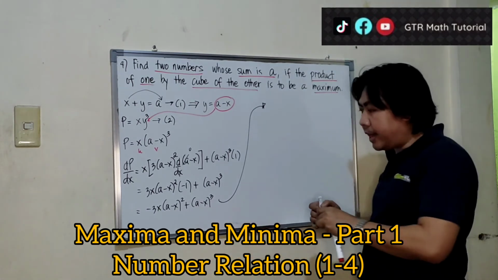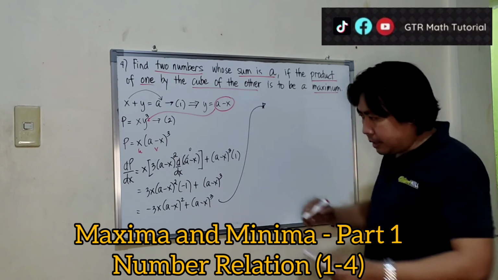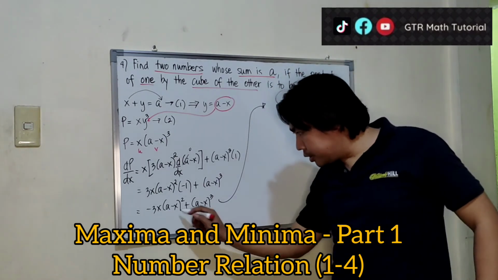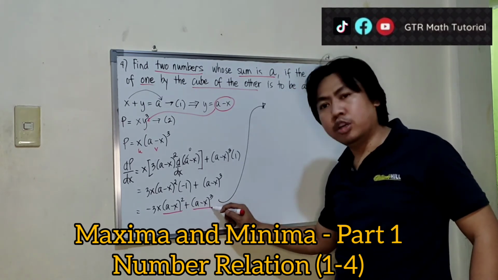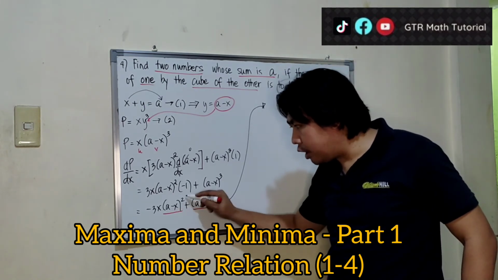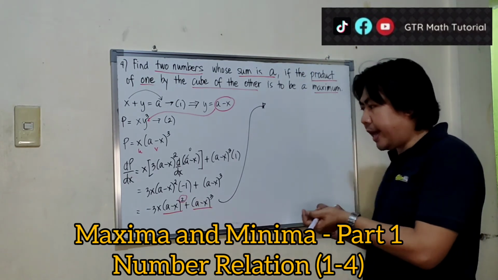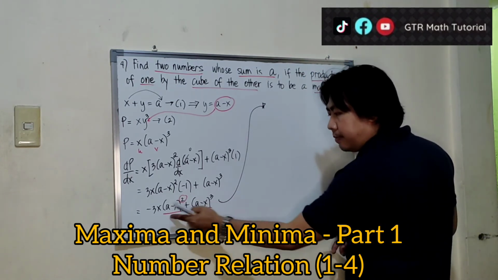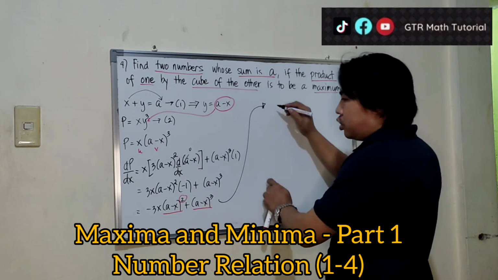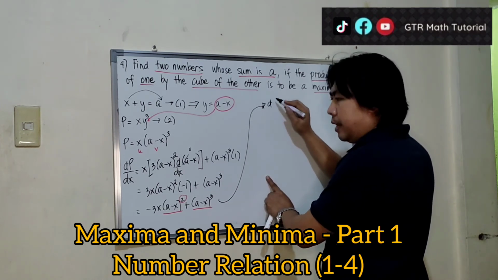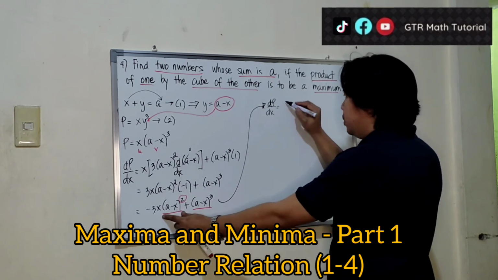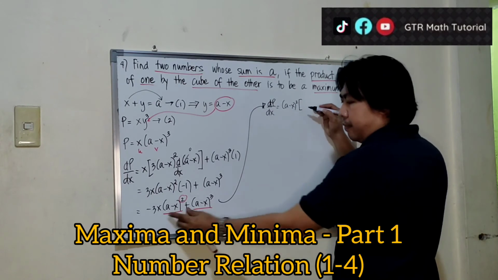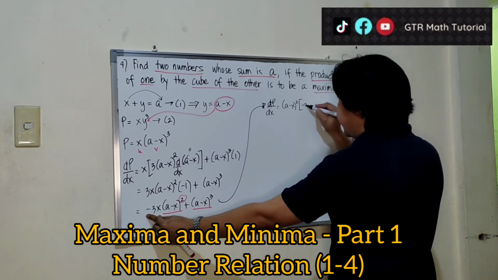Okay, so let's simplify. Factor out the common term. We have a minus x squared and a minus x cubed. So we can factor out a minus x squared from the two terms. So we have the derivative of p with respect to x is equal to a minus x squared, then we have this term, negative 3x.